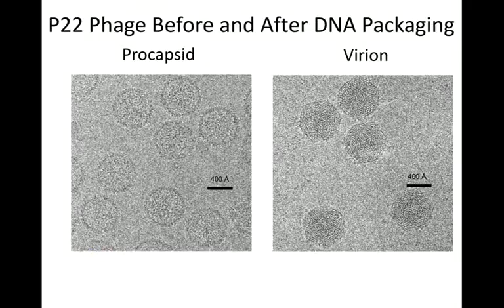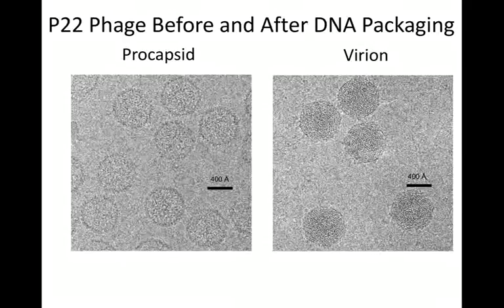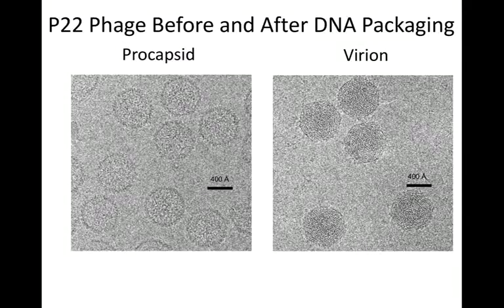So now, having done the structure of the mature virion, I'd like to switch gear to show how we approach another structure we call the procapsid, of which the images are shown on the left. In the procapsid, the diameter is about 100 angstrom smaller than the mature virion.